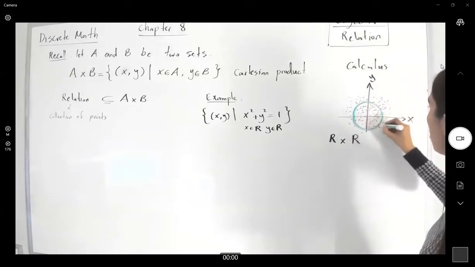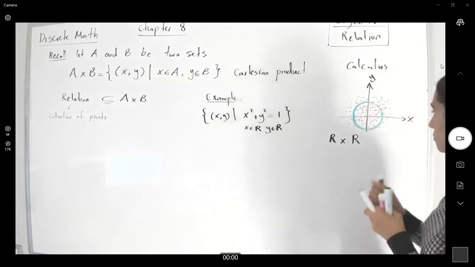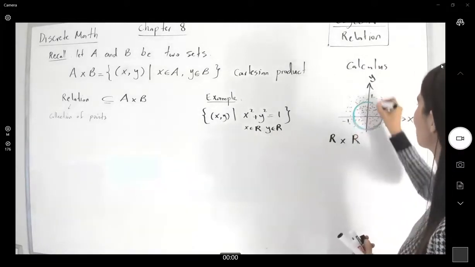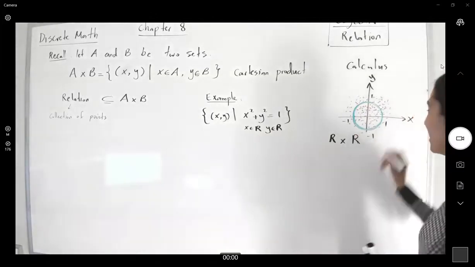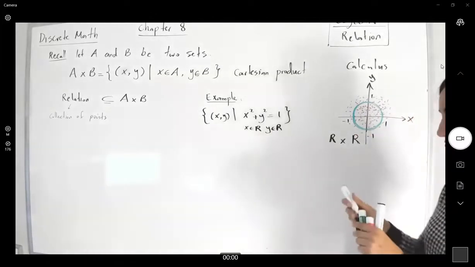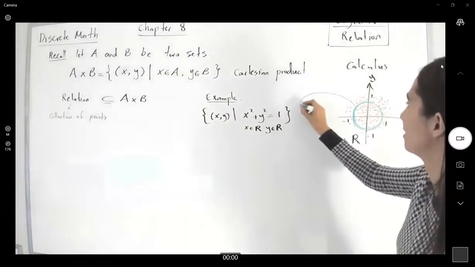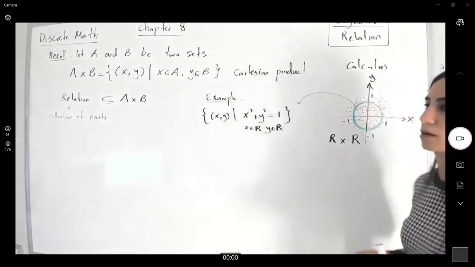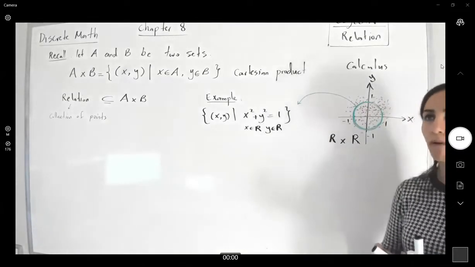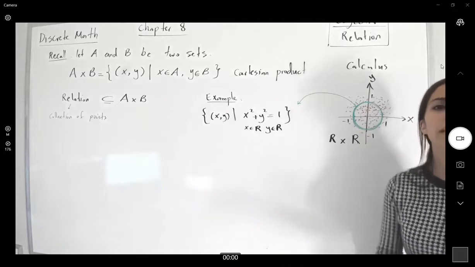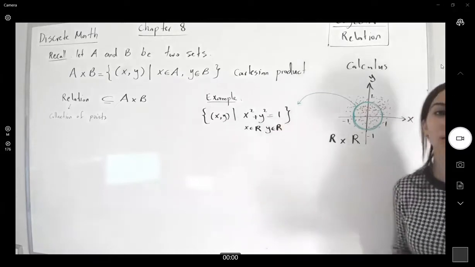The collection of all points (x, y) such that x squared plus y squared is equal to 1. The graph is going to be this graph representation. Some other times you just have some points in the plane. You might not find anything meaningful relation between them.